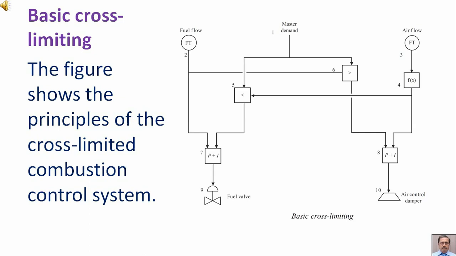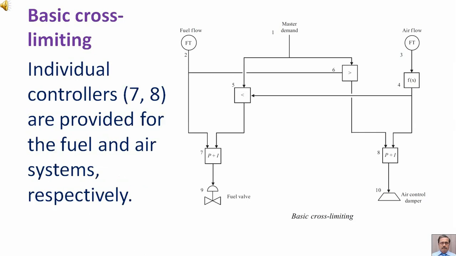The figure shows the principles of the cross-limited combustion control system. Individual controllers 7 and 8 are provided for the fuel and air systems respectively.